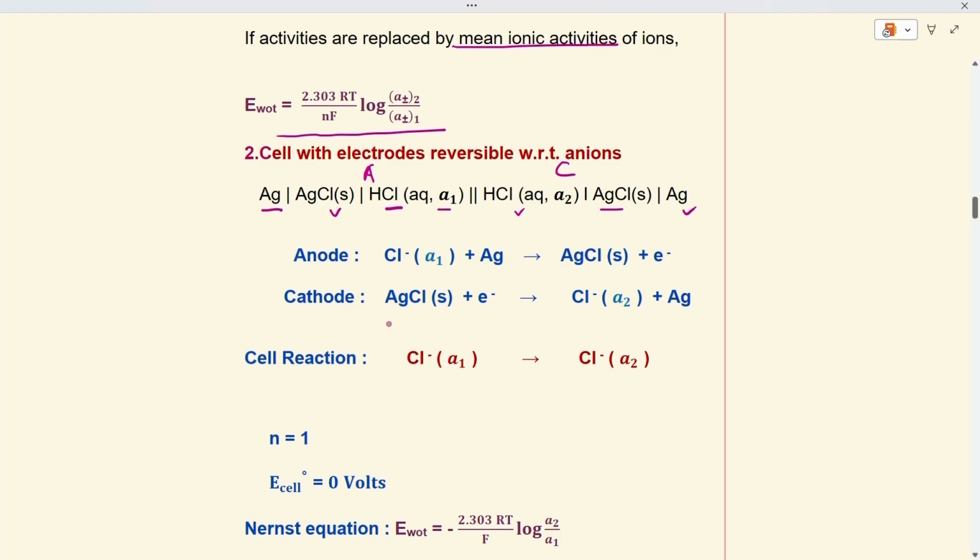The net cell reaction: AgCl solid, both electrons and Ag cancel, and finally the reaction is chloride ions of activity A1 in the anodic compartment getting transferred to chloride ions of activity A2, 1 to 2.